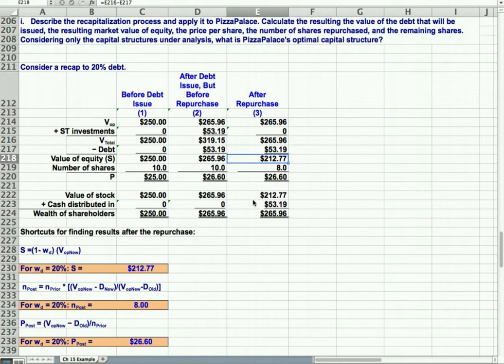Now we're going to repurchase shares using that 53.19. So our value of operations stays the same. We use that 53.19 to buy back shares. So our value total is 265.96. We still have the debt, right, that we've issued, 53.19, which results in the value of equity at 212.77 just by subtracting those.